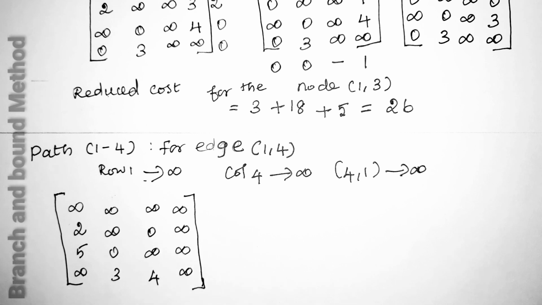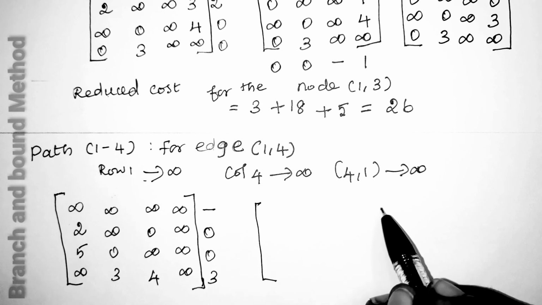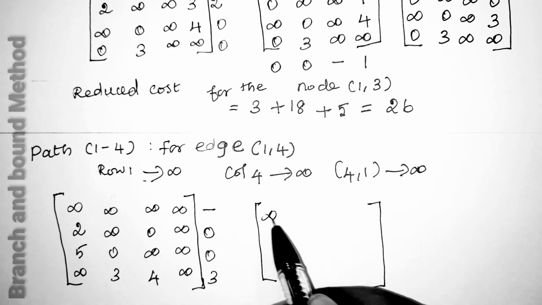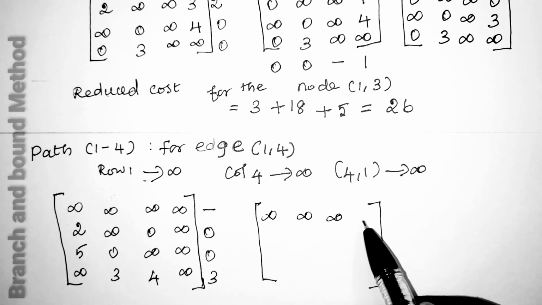For this matrix you have to perform row reduction and column reduction. First row infinity, second row 0 is the minimum number, third row 0 is the minimum number, fourth row 3 is the minimum number. So row reduction is: first row infinity, infinity, infinity, infinity.